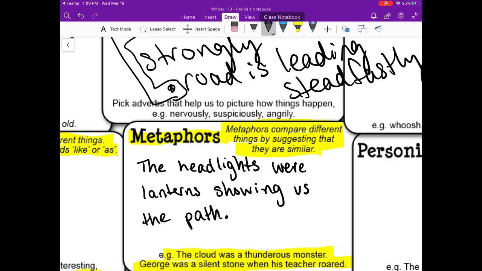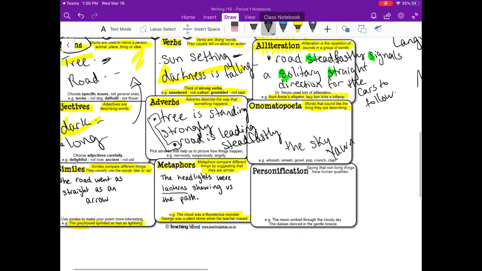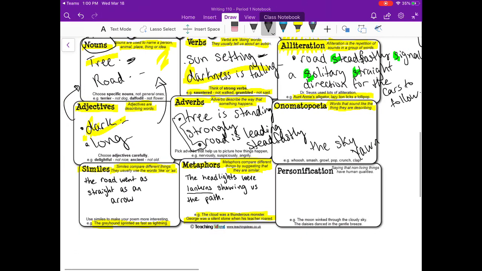Okay, so I'm likening it to this idea of lanterns and walking down kind of these scary corridors. Sure, why not? We're having fun with this, remember? This is not your final copy. So they don't have to be perfect metaphors.